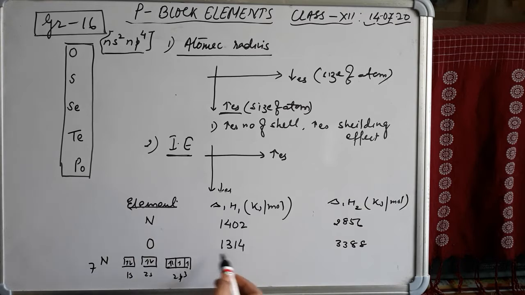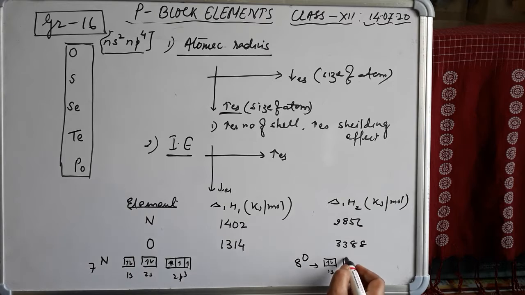But after removal of an electron, nitrogen acquires 2p2, and oxygen, if we write the configuration, is 1s2, 2s2 and 2p4, 1, 2, 3 and 4.